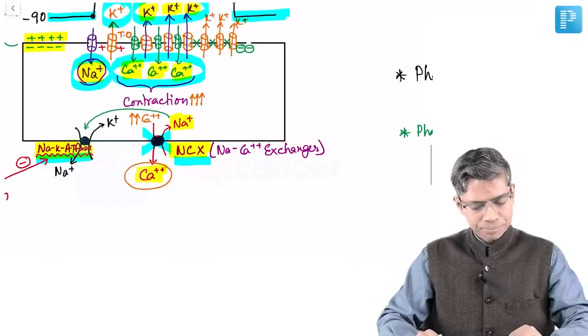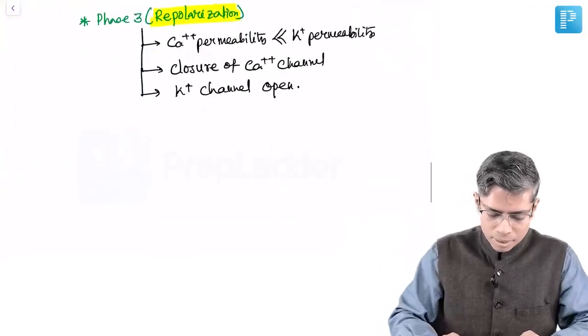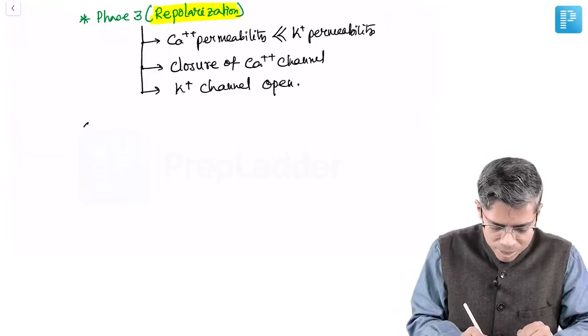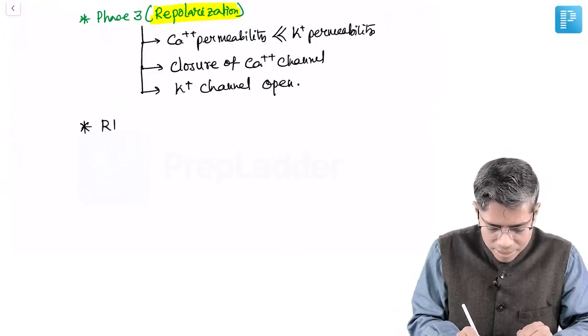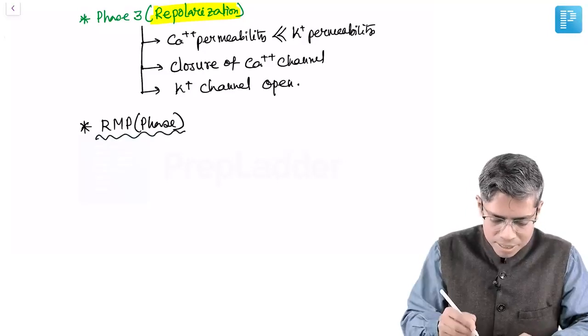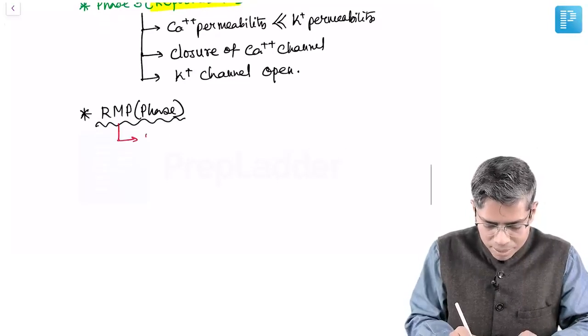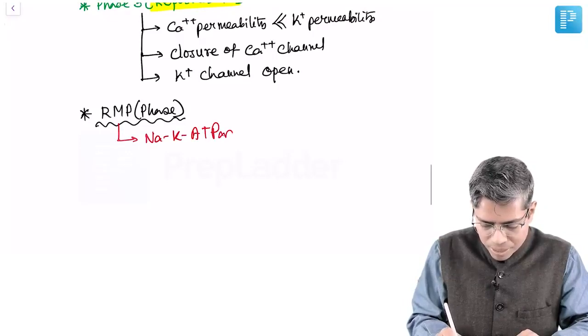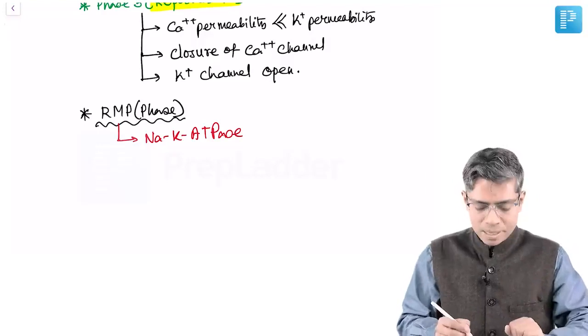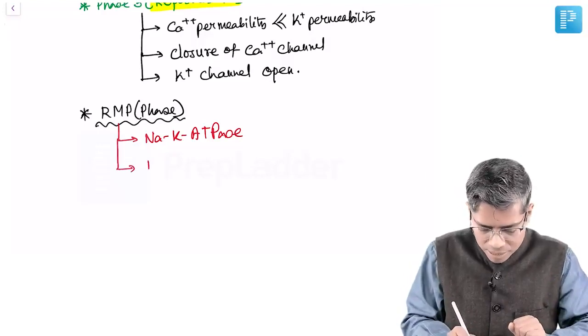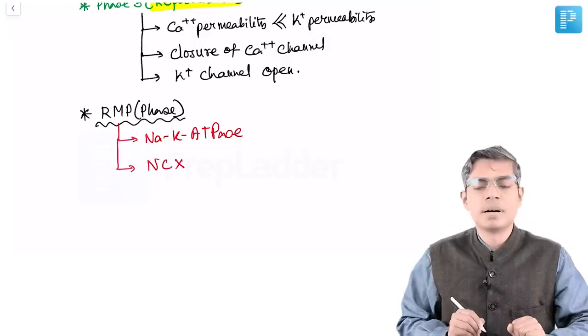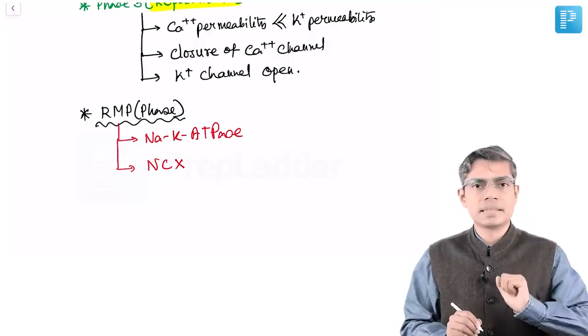So I can understand that for restoration of the resting membrane voltage, I'm writing here RMP, that is phase number 4, I require this sodium potassium ATPase pump, which is correcting the sodium and potassium, as well as the NCX pump, which is correcting the calcium balance.